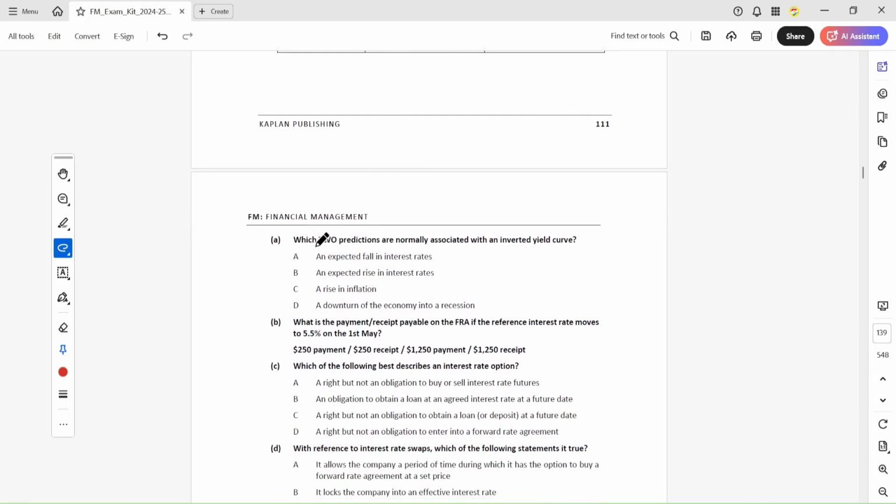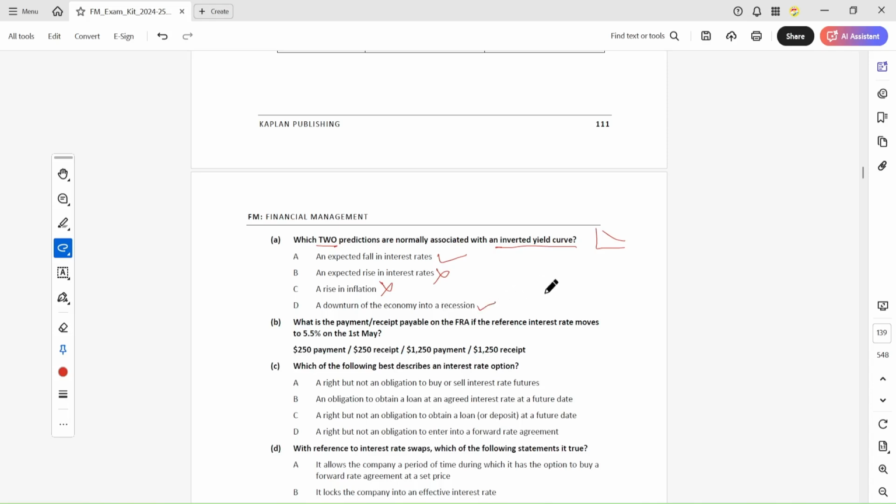Which two predictions are normally associated with an inverted yield curve? Expectation theory: expected to fall in interest rate. Yes, this is right. Expected to rise in interest rate, no. An increase in inflation, no. A downturn in the economy, yes.